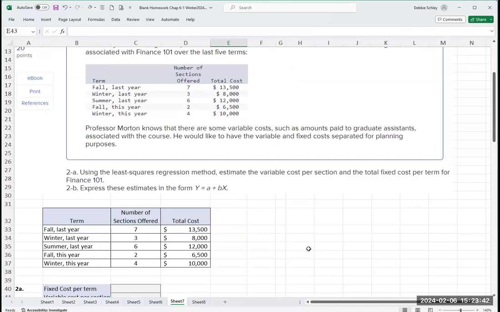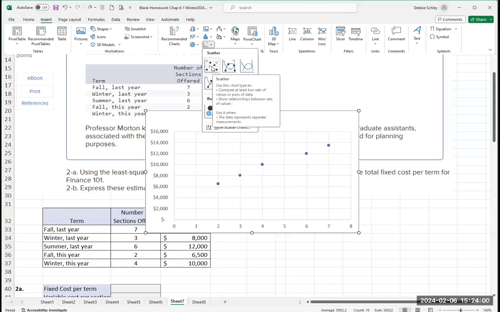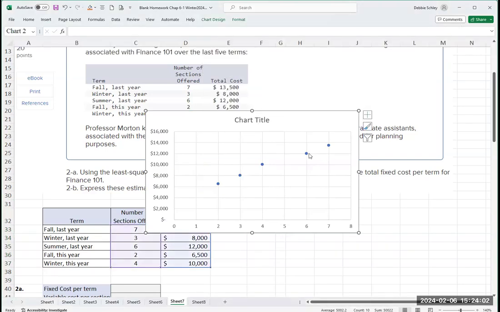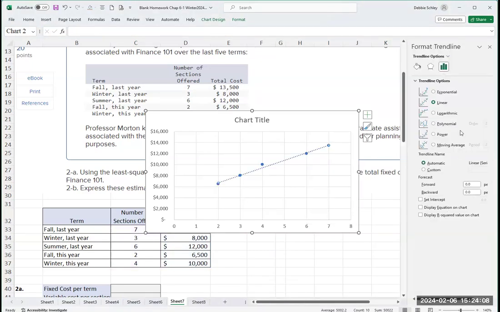So again, least squares regression, that's when you make the chart in Excel. Type it in or copy and paste just like it is in the book. Then you select the amounts, you insert a chart, a scatter plot, and you want the one that's just the dots. Then right click and add the trend line, and that opens this up.